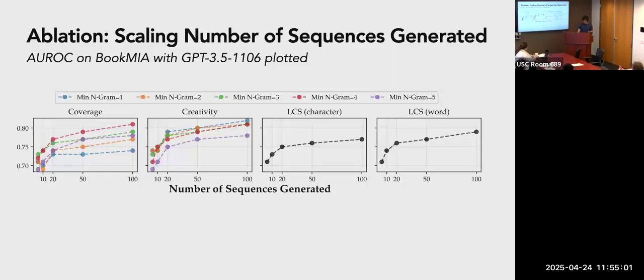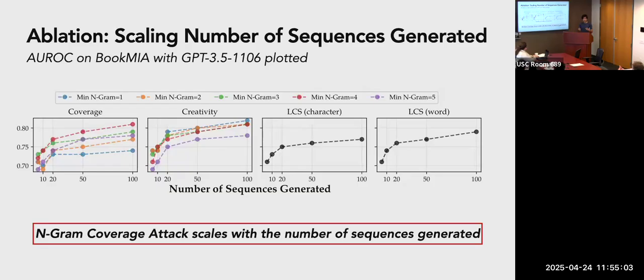A very nice finding is that this n-gram coverage attack method scales with the number of sequences generated. That gives you hopefully a lot of hope in this method, where you can tune how much you want to spend to get this result, and also that it scales well. I guess the key part of our work is approximating a distribution, so it makes sense that once you get more samples, it'll work better.